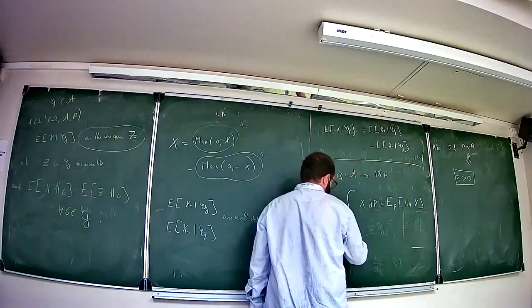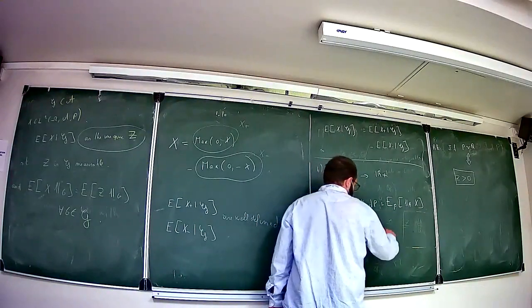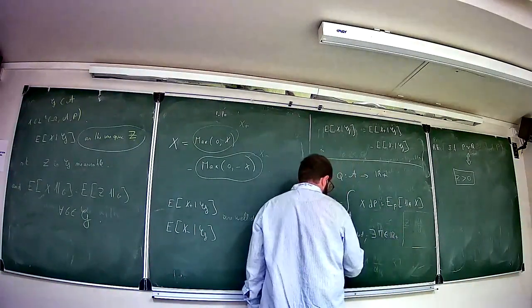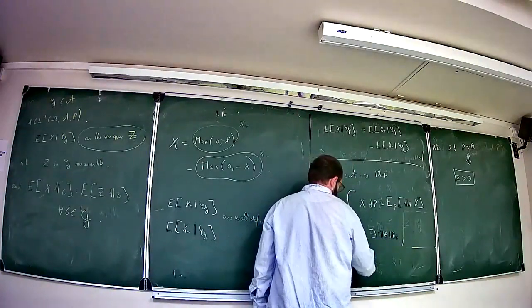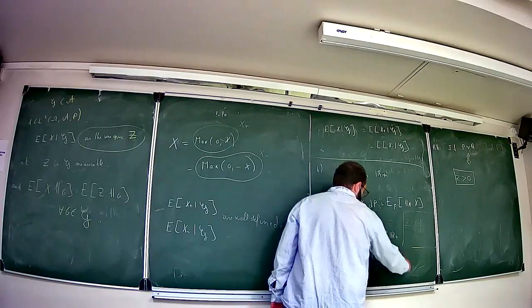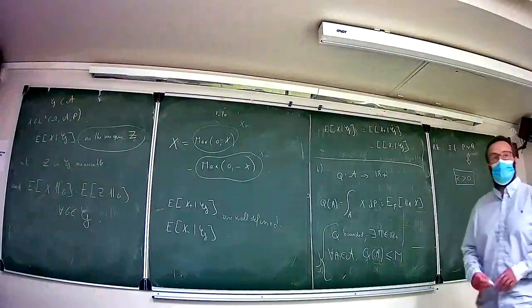Q bounded means that there exists an M belonging to R plus such that for all A belonging to the sigma-algebra, Q of A is less than M. It's a line to prove this. Why am I bounded?